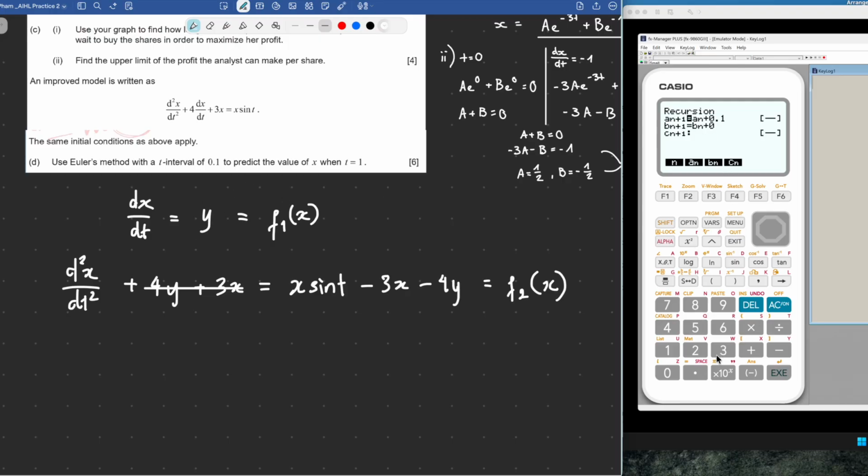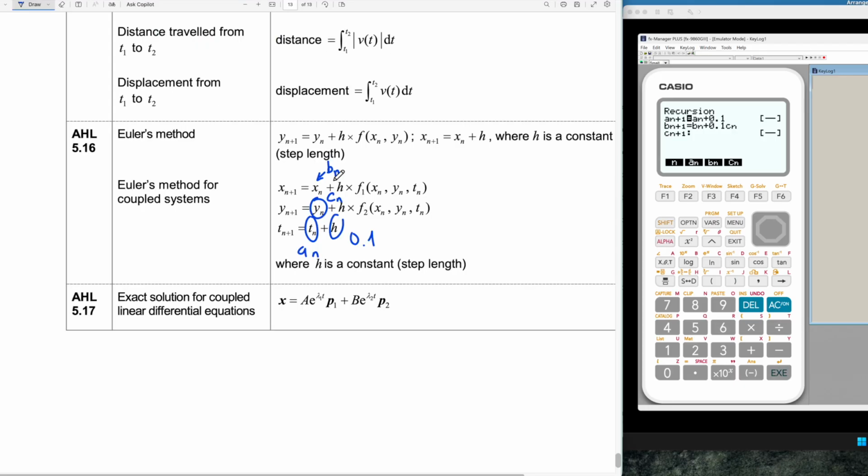Let me enter 0.1 first, and then cn. F1 is simply just cn here. Execute.